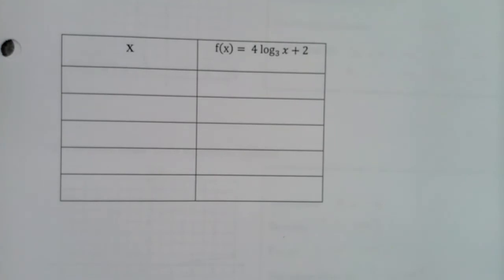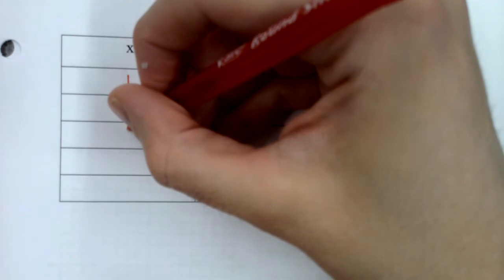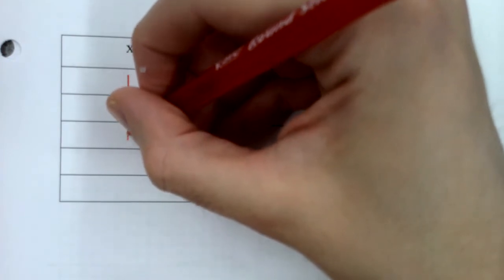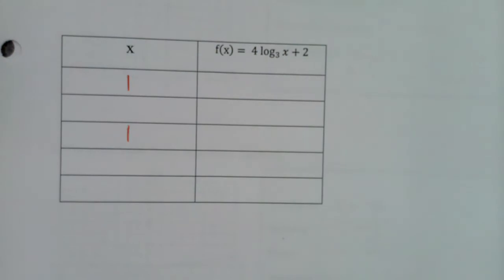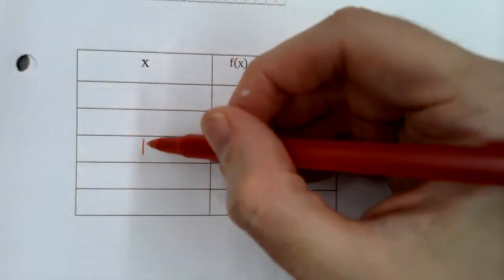All right, so I'm going to say that 1 is a good x value to pick. You'll see why in a minute. Actually, let's do the 1 right there, because I want to go in order in my table.